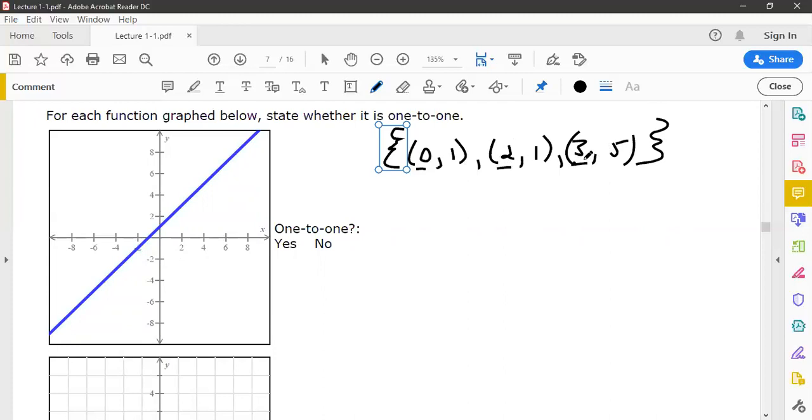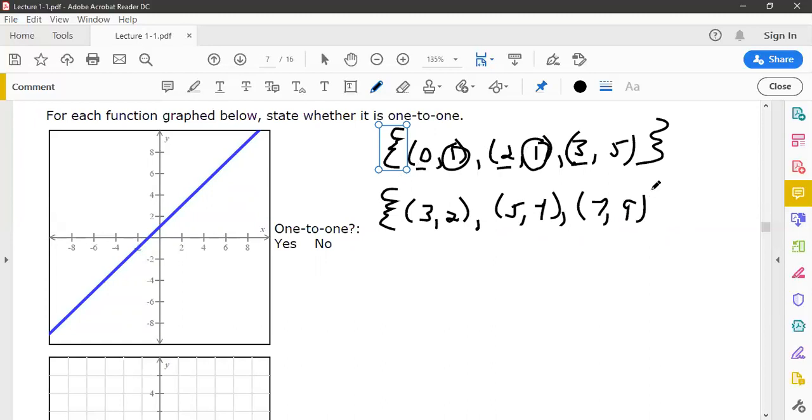This is not one-to-one because I have a range value repeating with different domain values. For it to be one-to-one, it has to be a function. It's a function because our domain values don't repeat. And it's also a one-to-one function because there's no repetition in our range values either.